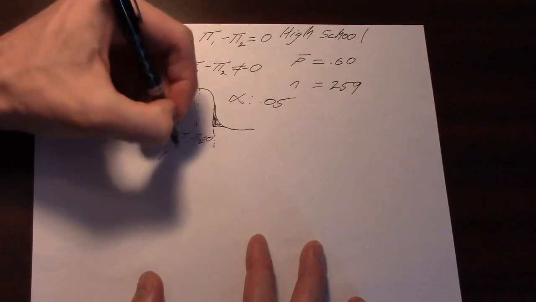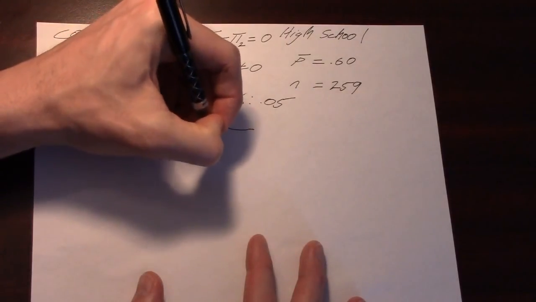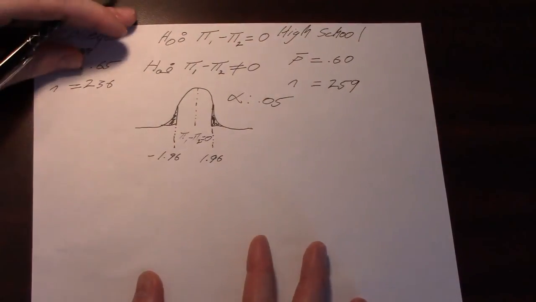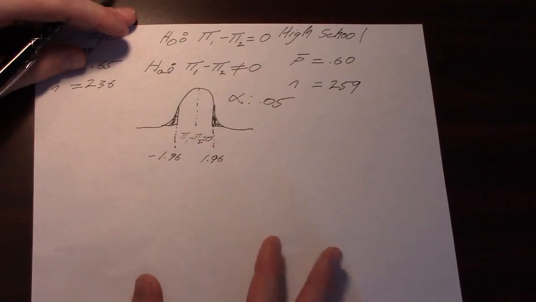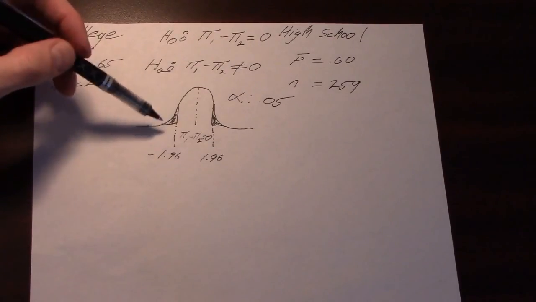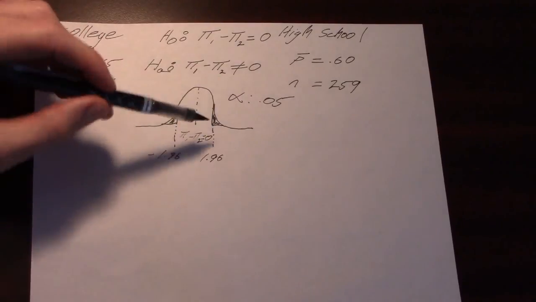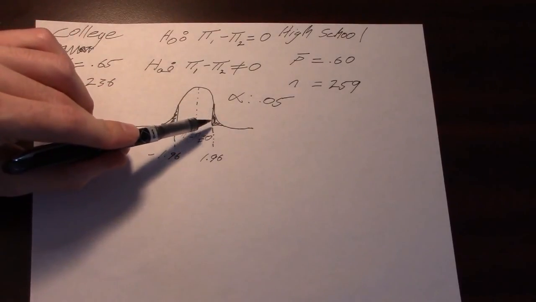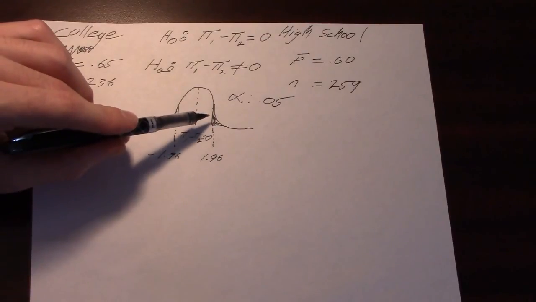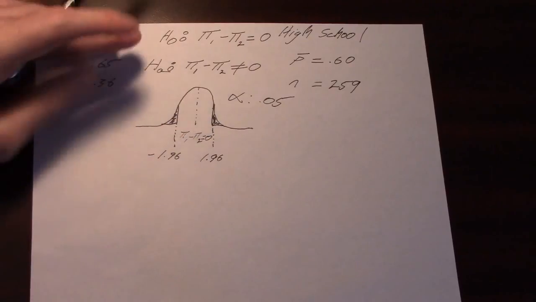So that's going to be negative 1.96 and positive 1.96. Those are our critical values. Negative 1.96 separates the lower 2.5% from the upper 97.5%. Similarly, positive 1.96 separates the upper 2.5% from the lower 97.5%.